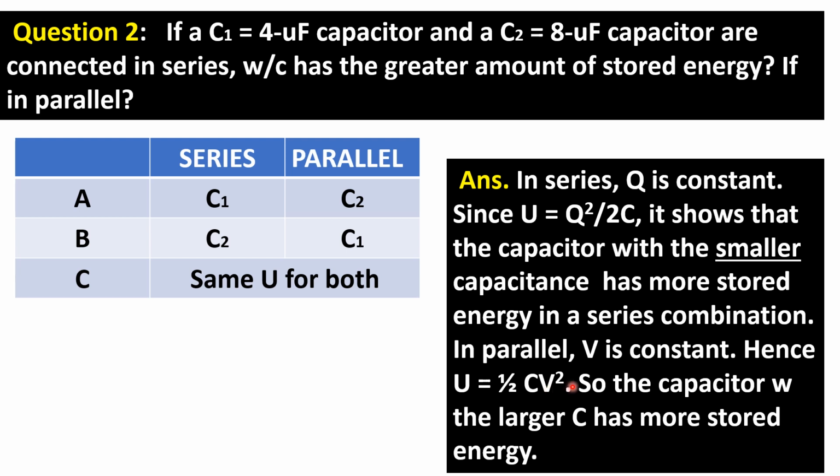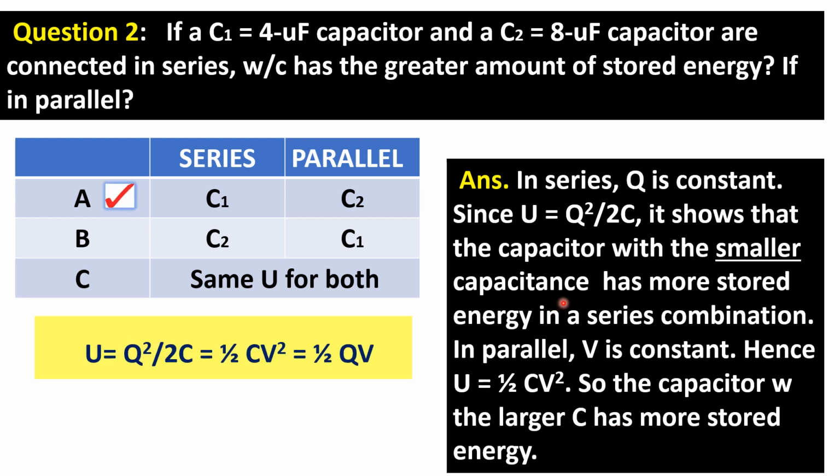If V is constant, then it follows that C and U are directly proportional. So the capacitor with the larger C should have the greater amount of stored energy. Therefore, our answer must be letter A.